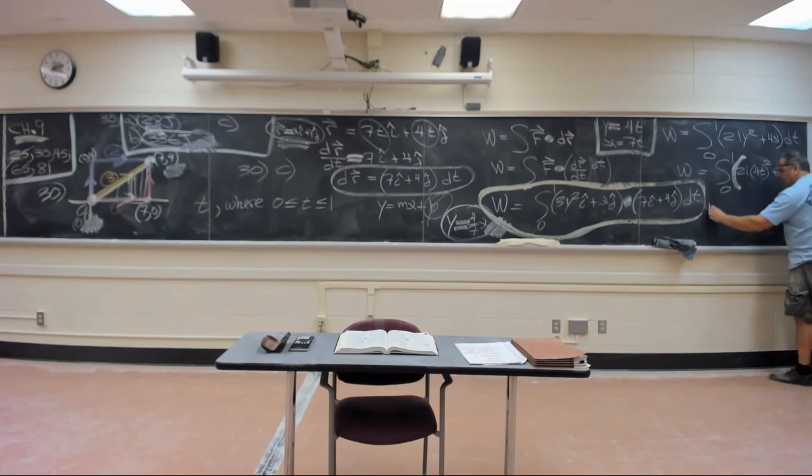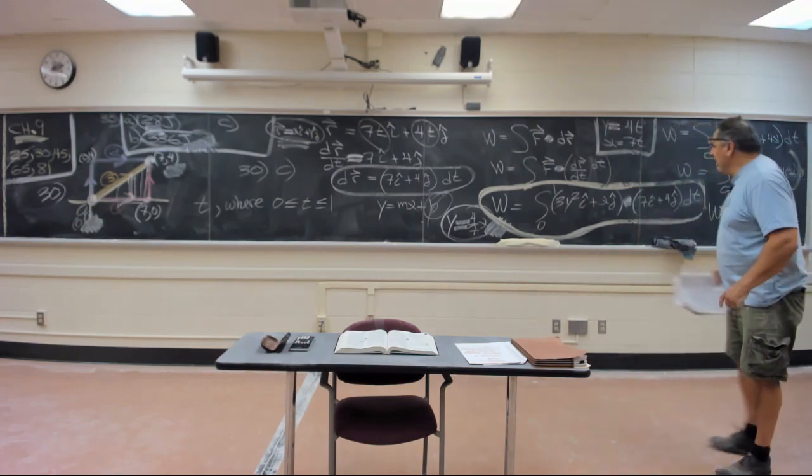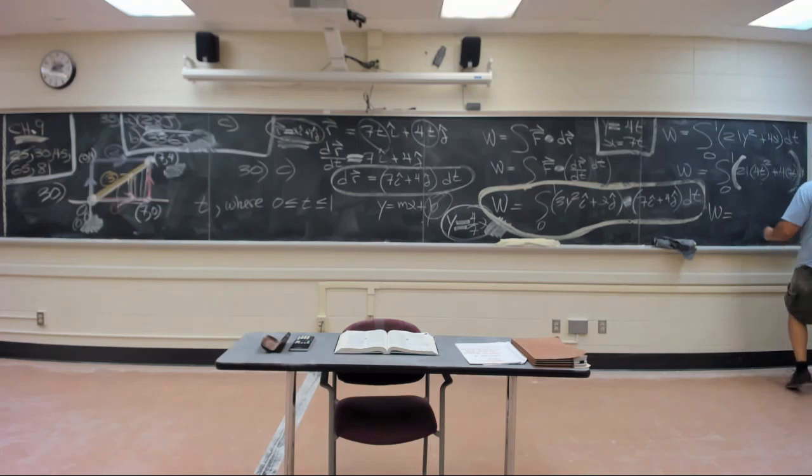All right, it's going to be a long song and dance, but it shouldn't be too bad. 4t squared is 16t squared. 16 times 21 is 336t squared.